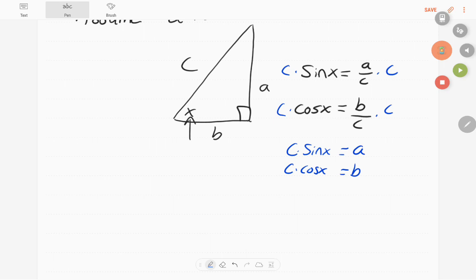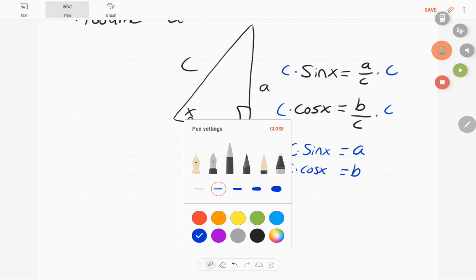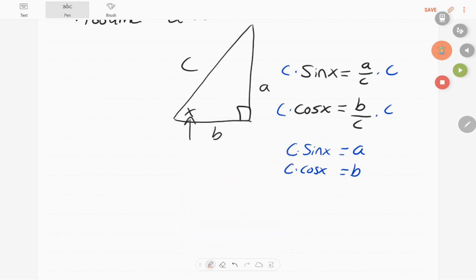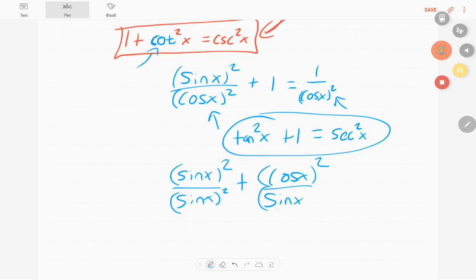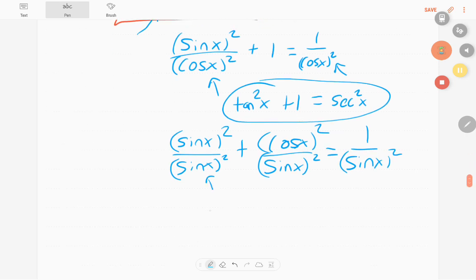So if I do that, notice you would get sine of x all squared over sine of x squared plus cosine of x squared divided by sine of x squared. And then you get 1 over sine of x squared, which is just cosecant squared of x.